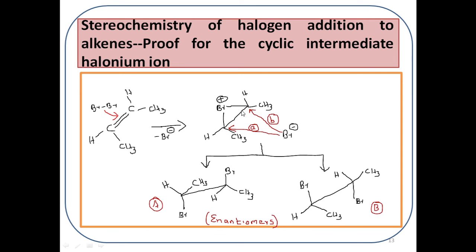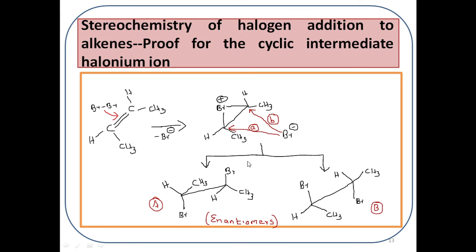Therefore, it is in a locked state. Actually, this is a cyclic system and therefore it cannot undergo carbon-carbon rotation. Therefore, the nucleophile can attack from the opposite side, that is, a trans addition or anti-addition, in two pathways, path A and path B.